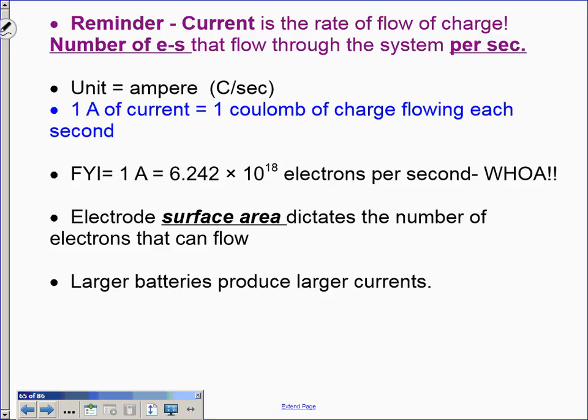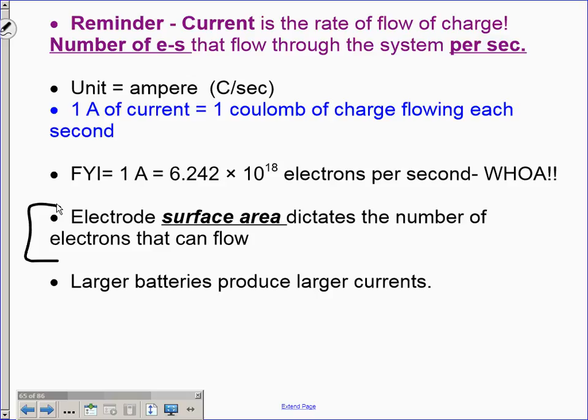Okay, thank you. And then this is the only thing that I think is probably important to write down. If you're trying to consider how to change your amount of electron flow to force a reaction to occur, you need more surface area. It's not about the mass per se, it's about how much surface contact there is for that layer of oxidation and that layer of reduction to occur.